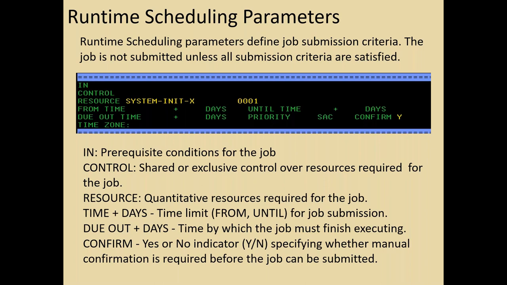Then due out plus days: the time by which the job must be finished executing. Then confirm equal to yes or no specifies whether manual confirmation is required before the job can be submitted.